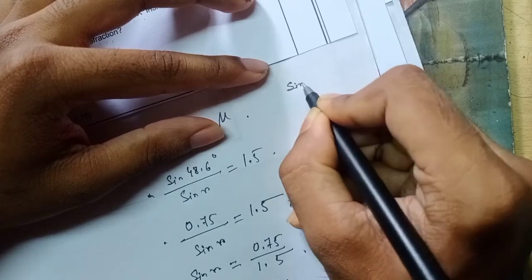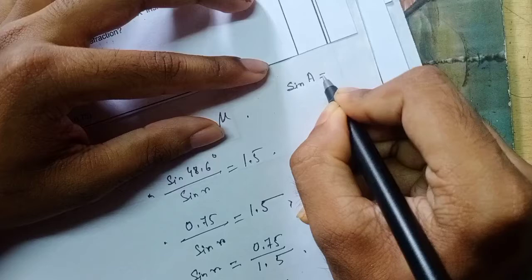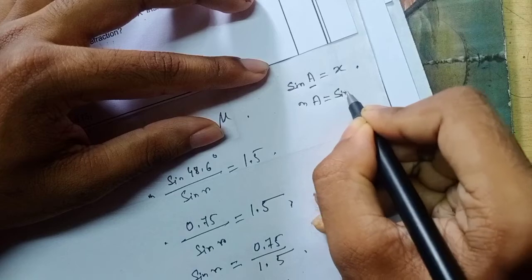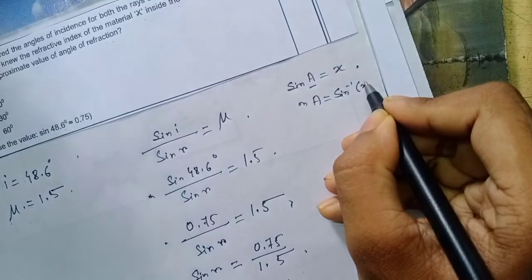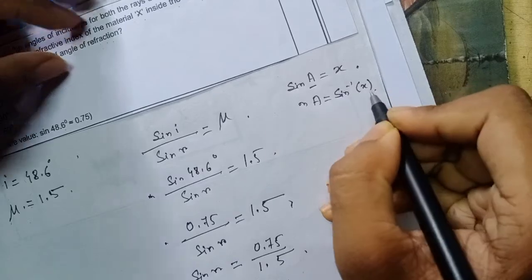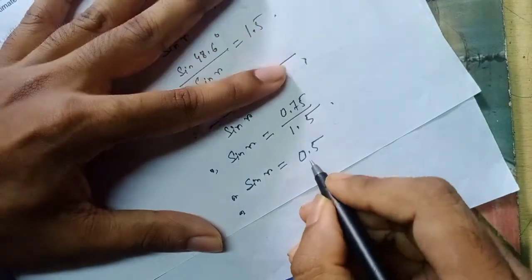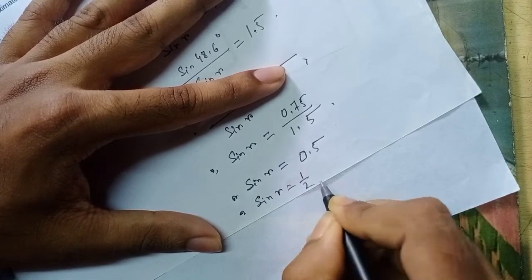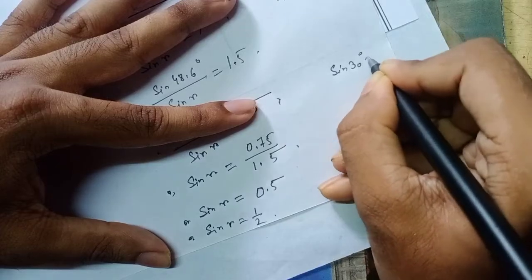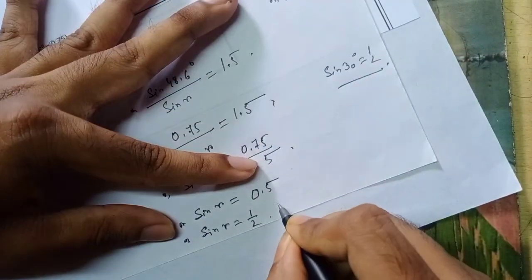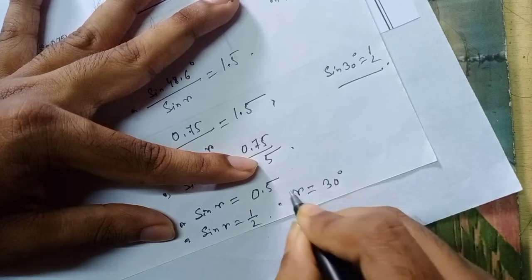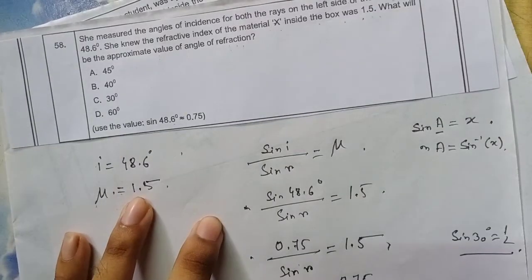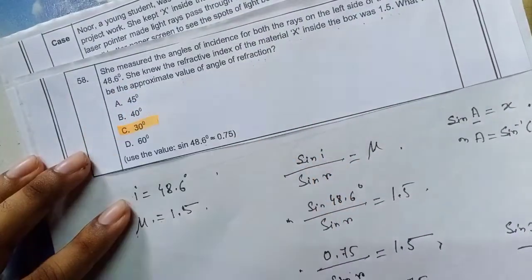If sine of some angle a equals x, then to find a we take the inverse like this: a equals sine inverse x. You can also use some tricks: sine of r equals 0.5 is half. Now we know that sine 30 degree equals half, so r must be equal to 30 degree. So the angle of refraction is 30 degree, that is option C is correct.